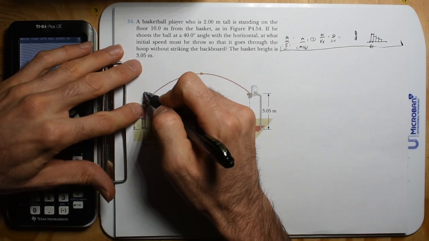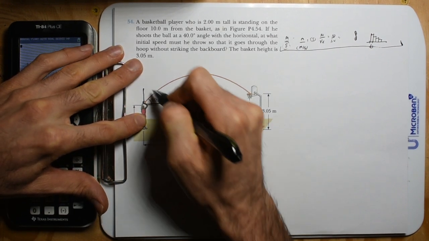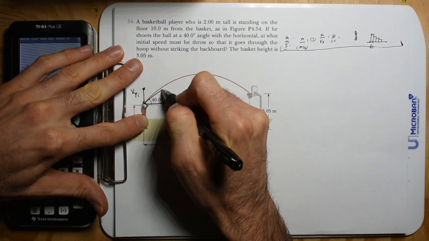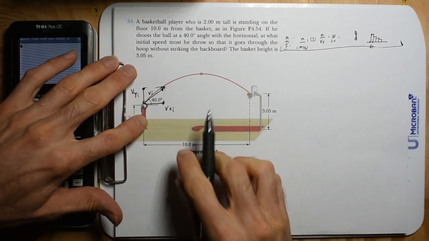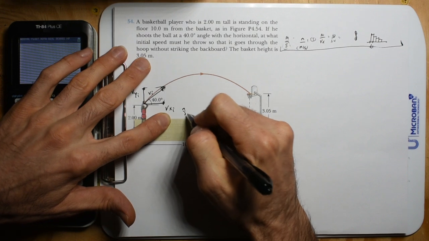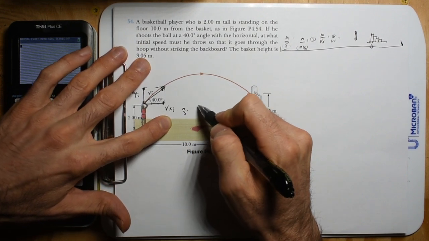We're going to have some sort of initial velocity, Vx initial and then Vy initial, and that's going to be my vector there, V initial.